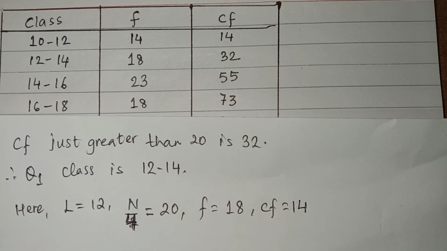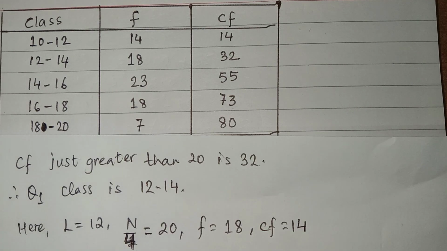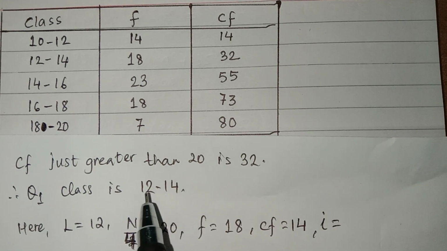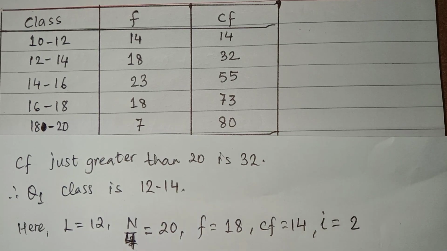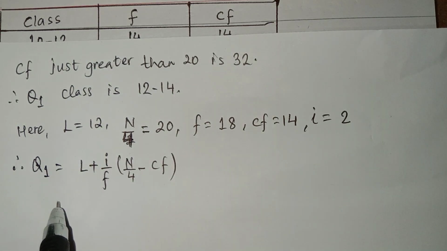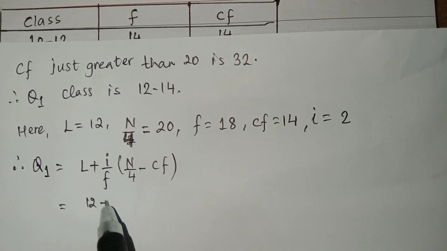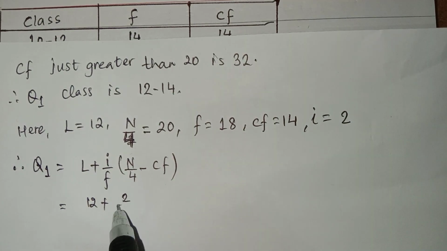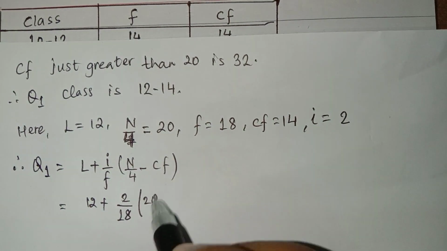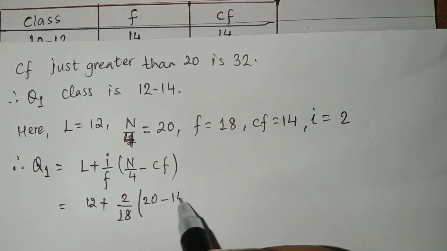Now let's calculate what is Q1. Here we need the interval of the class, which is 14 minus 12, that is 2. Now we are going to apply the formula of Q1. The formula of Q1 is L plus I by F times n by 4 minus CF. Now let's put these values. Here L is 12 plus I is 2 by frequency is 18 times n by 4 is 20 minus CF is 14.